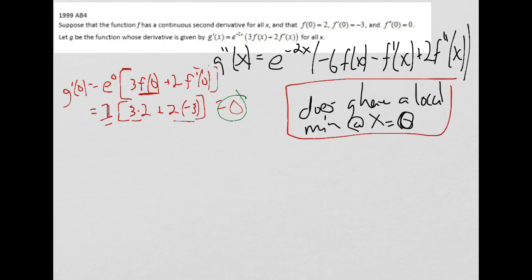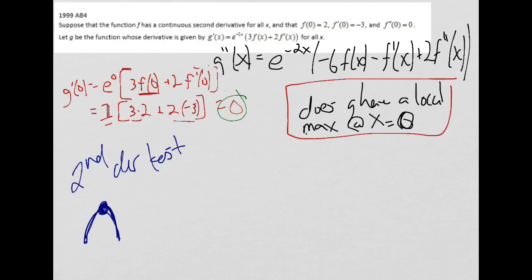So first off, when I see this one, I think second derivative test. The second derivative test, well, I'm looking for a local min, right? Does it say local min? No, it says local max. Fixed.